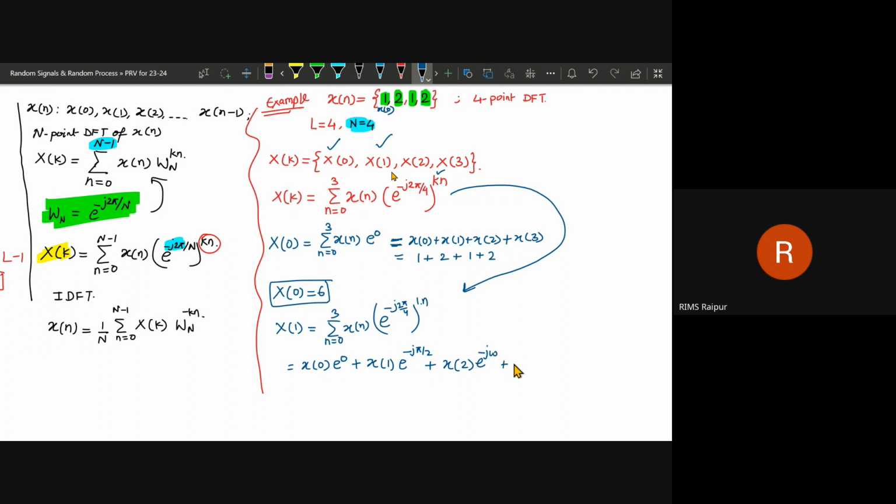When we put n is equal to 3, it will be x of 3 e raised to power minus j, I think, 3 pi by 2, correct?